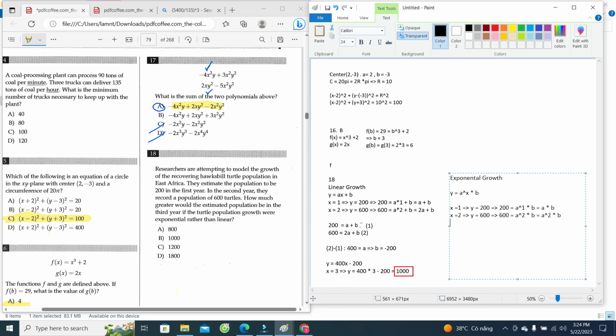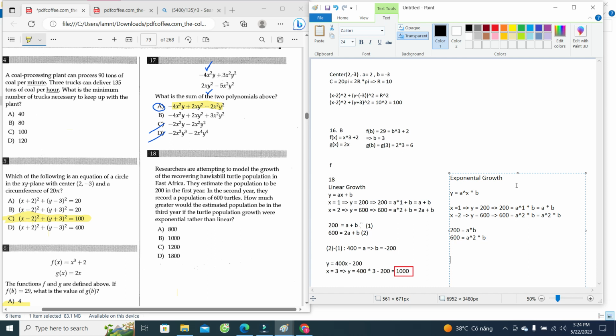So now we can divide both sides. We have two equations: 200 is equal to a times b, and 600 is equal to a squared times b.